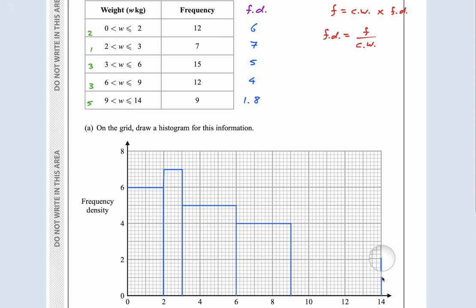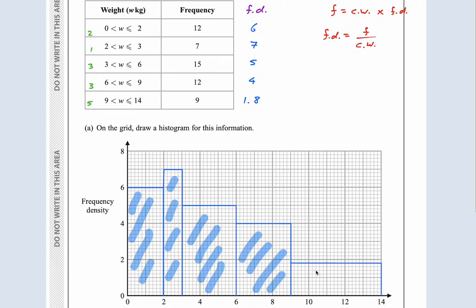So that's 1, 1.2, 1.4, 1.6, 1.8 is like there, and then this goes across. Okay, so that is my histogram. Now you can color it in, guys, if you want, although you don't have to. Okay, that's my histogram.